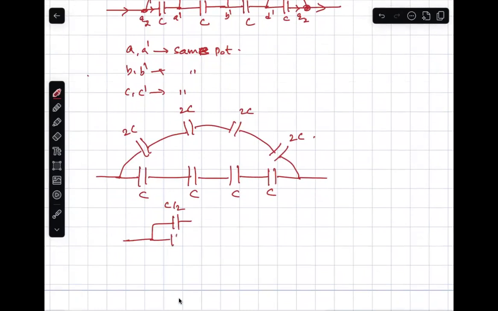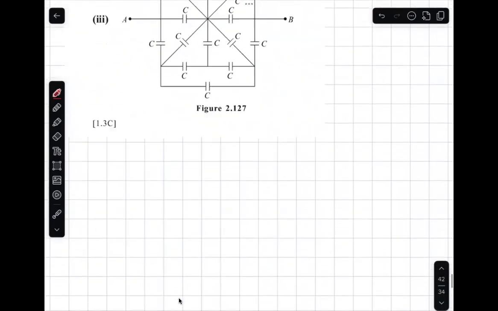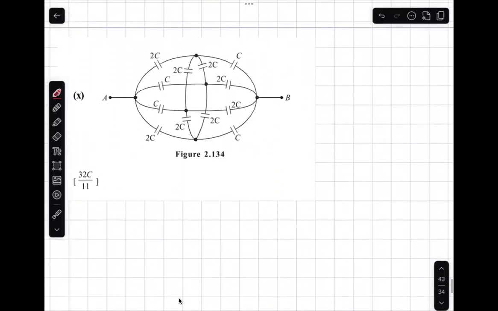And this one is C by 4. So what is the effective one? 3C by 4 is the effective capacitance across AB. Any doubt? Have you understood clearly? Pakka? Right. Next question, this one.